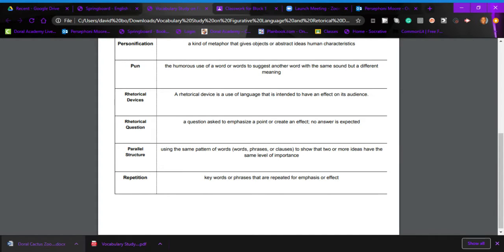And the last type of rhetorical device is repetition. Repetition are keywords or phrases that are repeated for emphasis or effect. So with repetition, we know that means repeating or to do again. And these phrases are repeated for emphasis, they're repeated for effect.